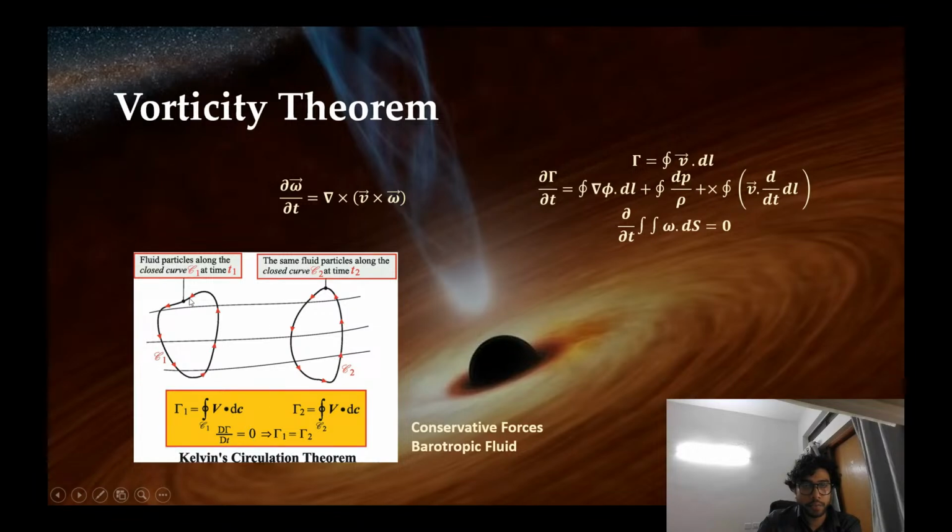So if you consider a closed curve at this instant of time, let's say t1, and then at a later time t2 you consider another closed curve which contains the same fluid elements, then d gamma dt is 0.